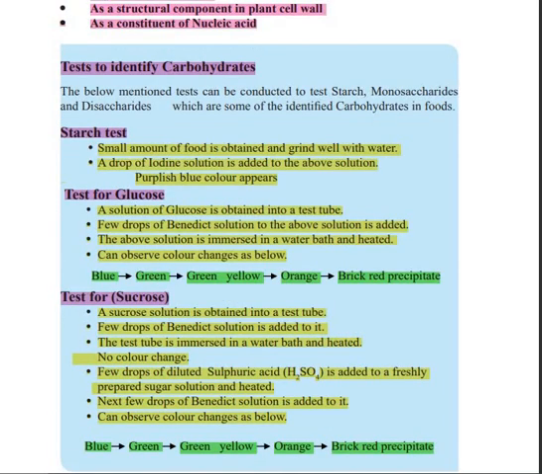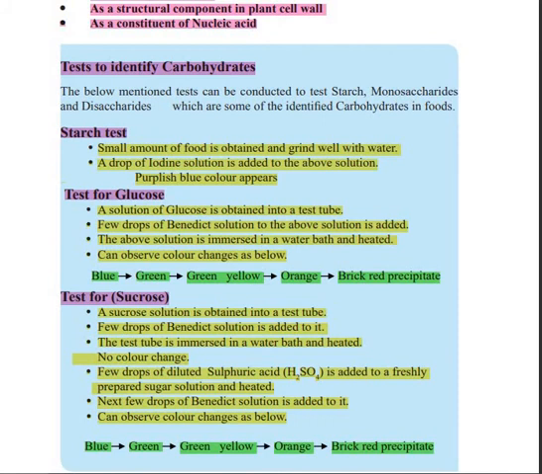Now, we will see some tests to identify carbohydrates. The tests mentioned below can be conducted to test for starch, monosaccharides and disaccharides in foods. First, we'll see the starch test. A small amount of food is ground well in water.